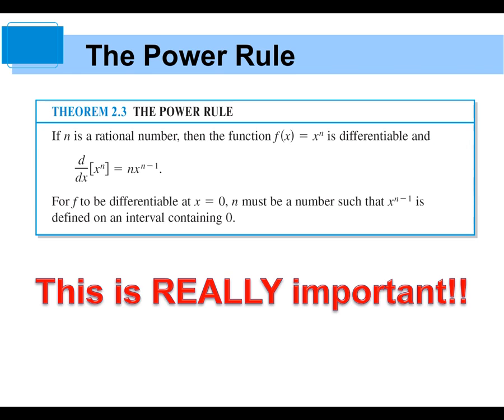There's the calculus. I'll do it in English in a second. Actually, let's see if you can do it in English. So there's the calculus. n is a rational number, and we have a function x to the nth power, and it's differentiable. How do you know it's differentiable? Because it tells you it's differentiable in the first line. It says that the derivative of x to the n is nx to the n minus 1. What does that mean in English?